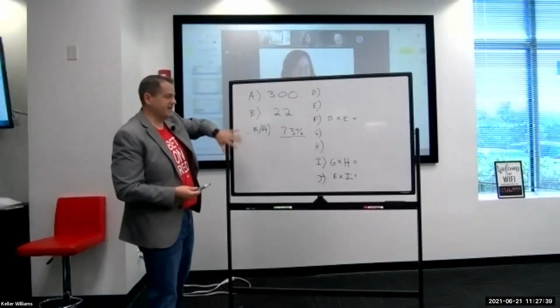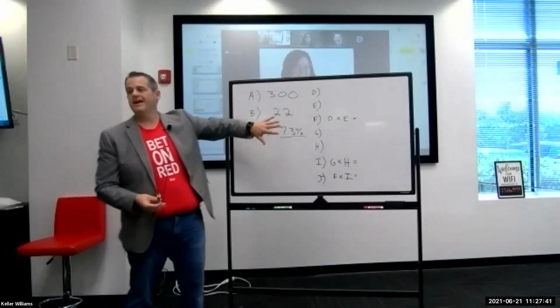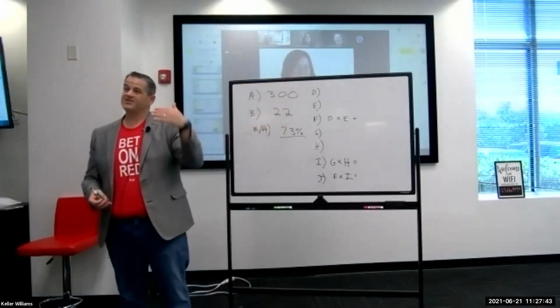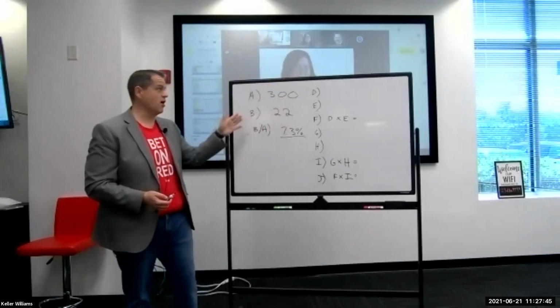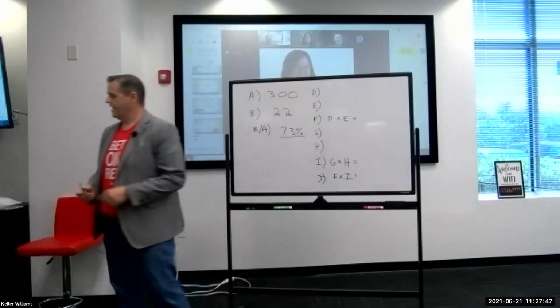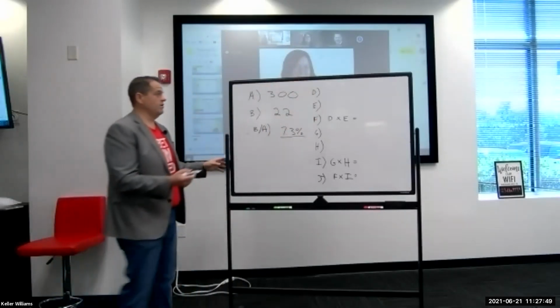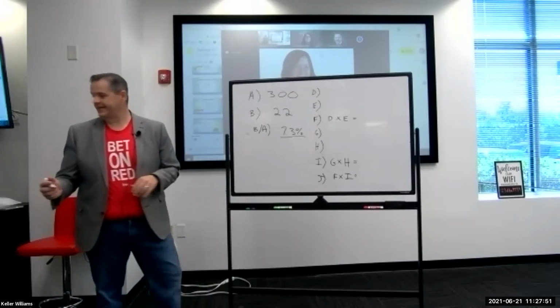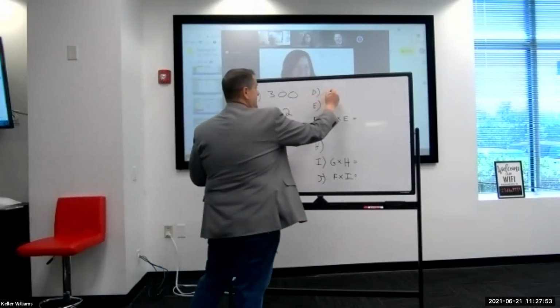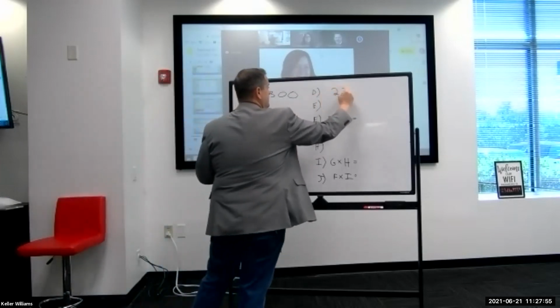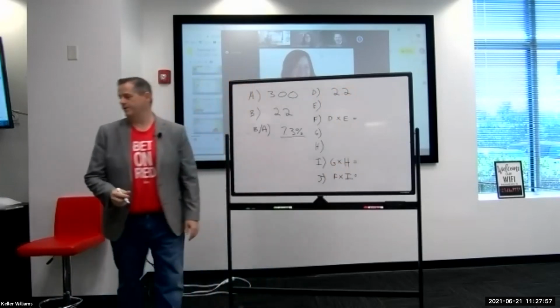So you're like, okay, 7.3, good turnover. Now let's calculate the potential income. That's part two. Line D is going to be the same as B, so there are 22 potential sales in that neighborhood.